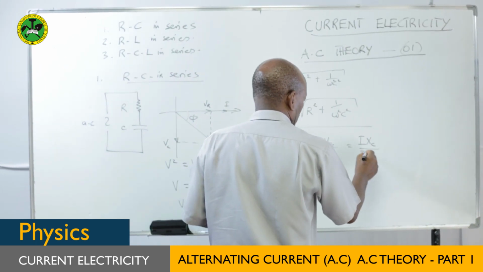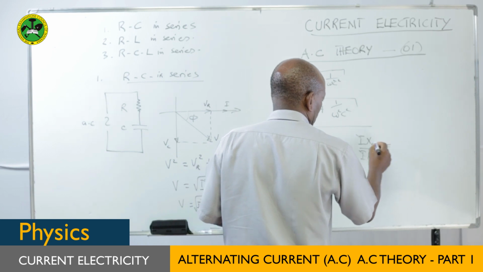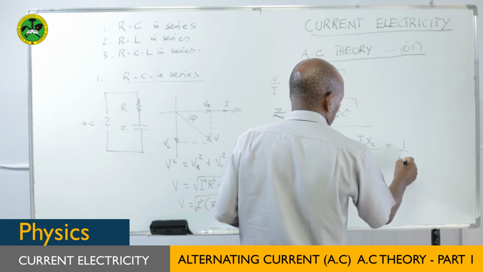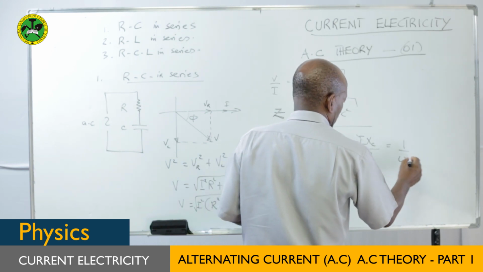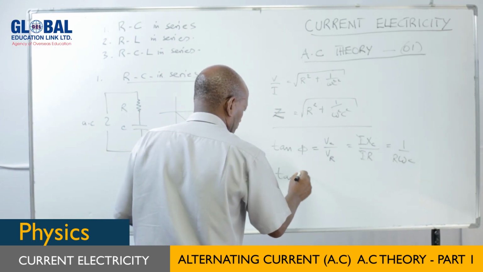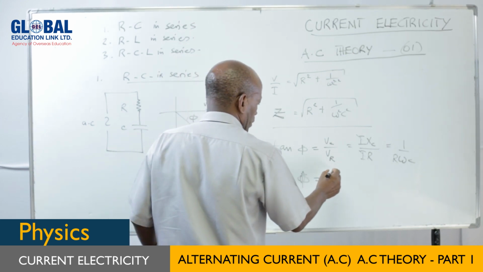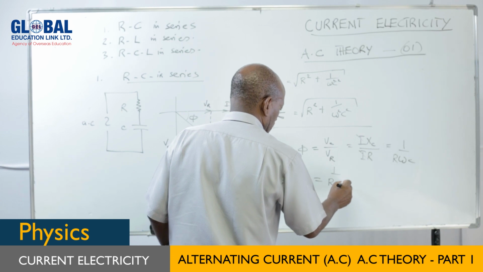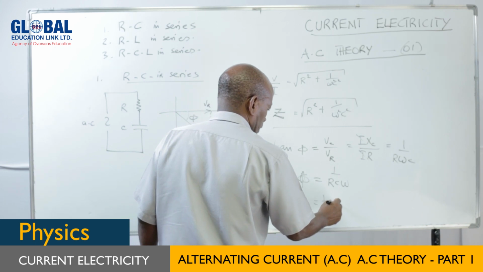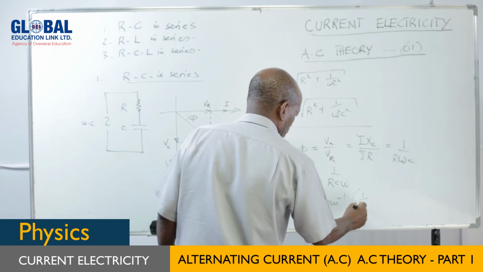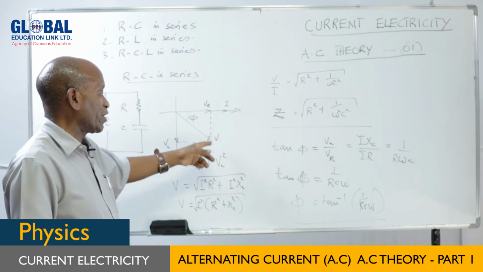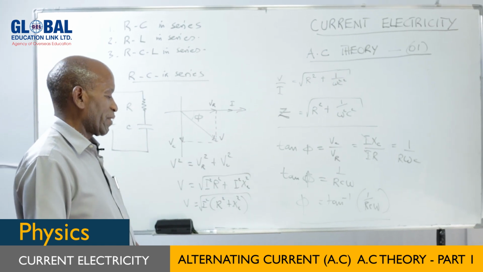Through a resistor it is just equal to IR, so the current will cancel, and the capacitive reactance will just be equal to 1 over omega C. So we divide by R, and you will find that tan phi will just be equal to 1 over RC times omega, and therefore we can determine phi, which will be the tan inverse of 1 over RC times omega. So you can obtain the angle at which the applied voltage V is acting.